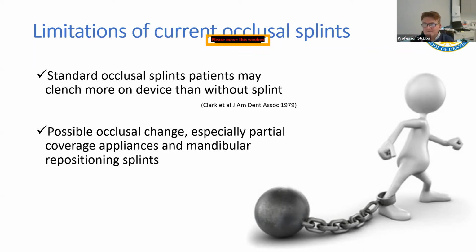What I've observed, and this is just observation, is that I've made lots of lower splints, and I found over the years that a lot of patients tended to complain of biting their cheek on the lower splint, whereas the maxillary arch tends to hold the cheeks out of the way. You get less cheek trauma.